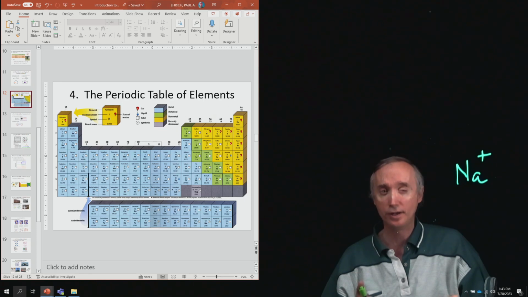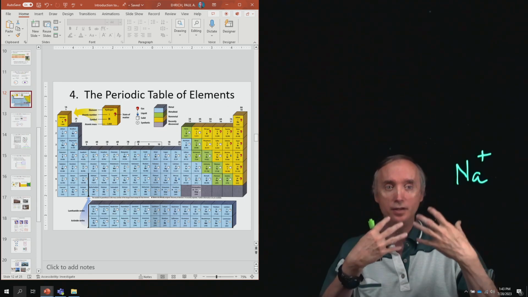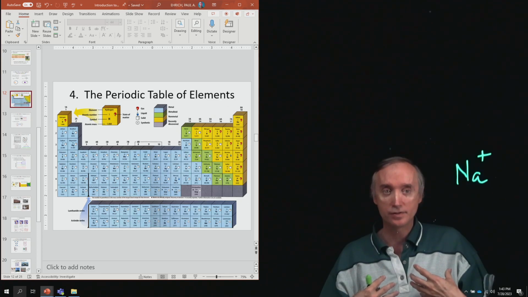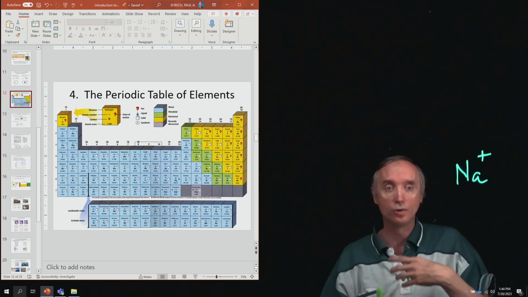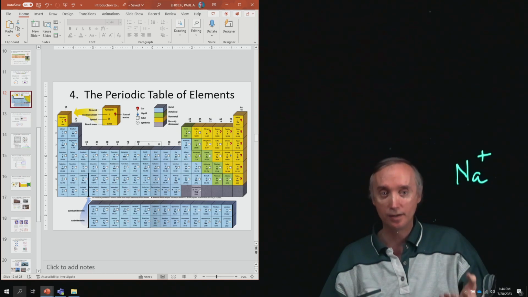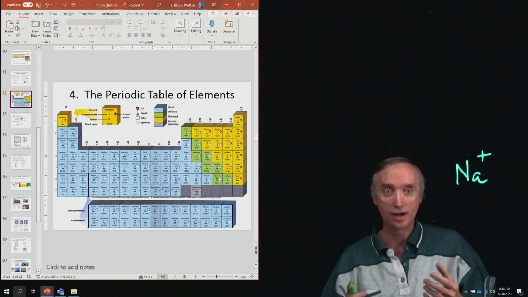And so chlorine is very reactive because if you breathe in chlorine gas, it's going to take an electron from your lungs. And then your lungs will not operate chemically the way that they're supposed to because they've been ionized by the chlorine gas. So you choke and you die.